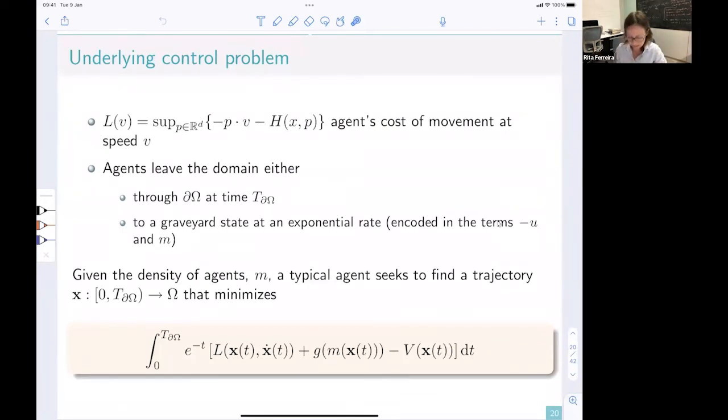And given the density of agents, a typical agent seeks to find a trajectory that minimizes this action functional. So this is the underlying control problem.